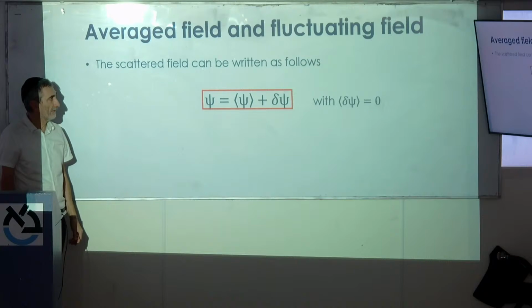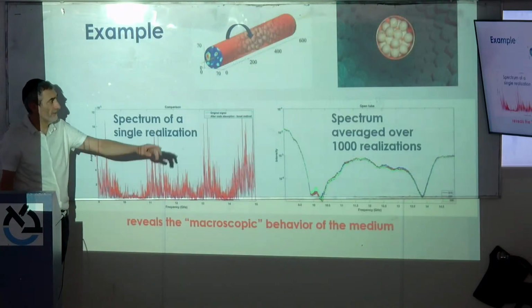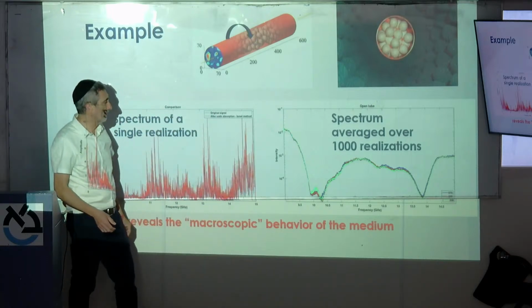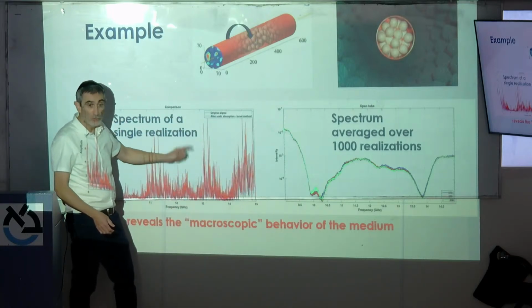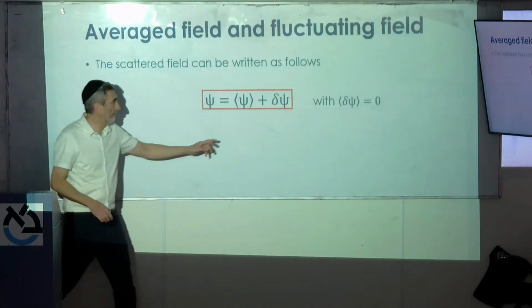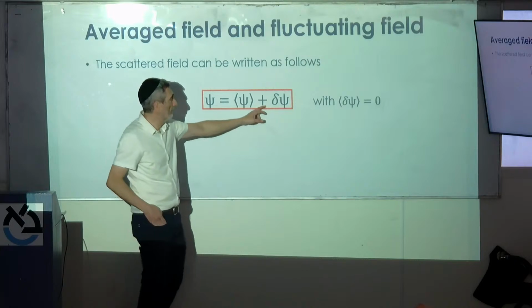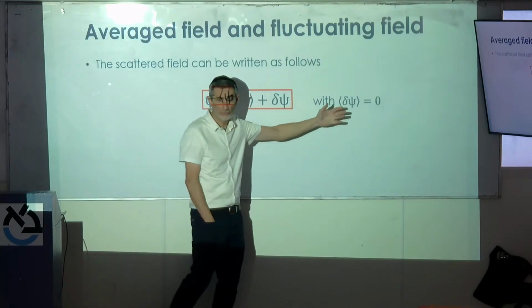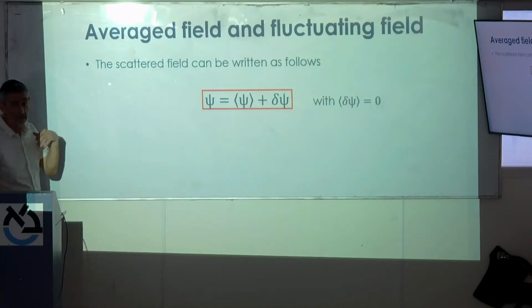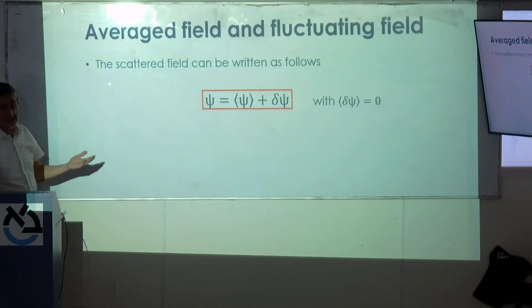So what does it say? It says that you have the average here, that's psi average, and around this average you have huge fluctuation. So that's this term here, and this term by definition, its average goes to 0. When you average over an infinite number of configurations, delta psi goes to 0.